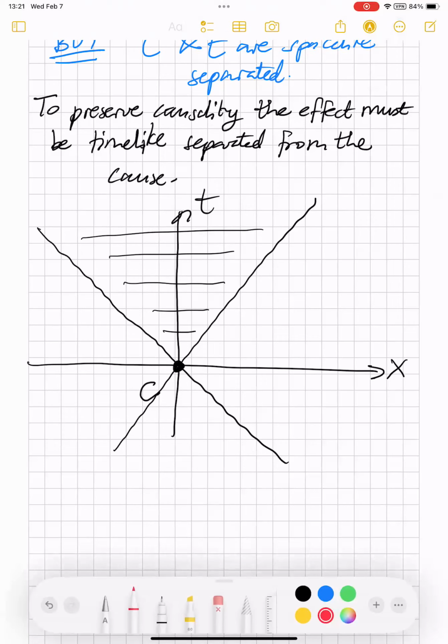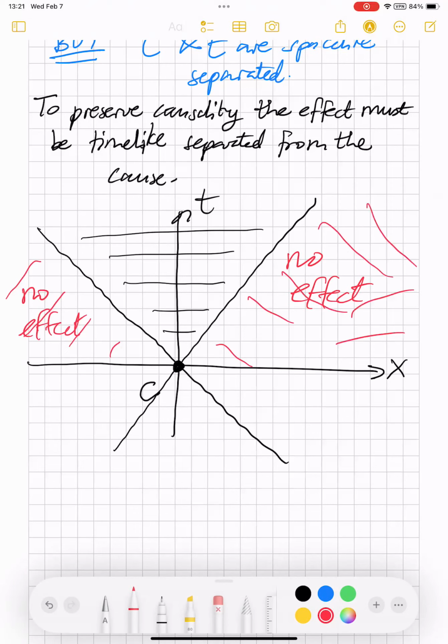There must be no effect. Okay? So whatever you do at the origin, you should not affect these red regions. Now, our particle could travel faster than light, so we let it go at the origin. It could get to these red regions, and that means it spoils relativistic causality. That is the problem with our single particle theory.